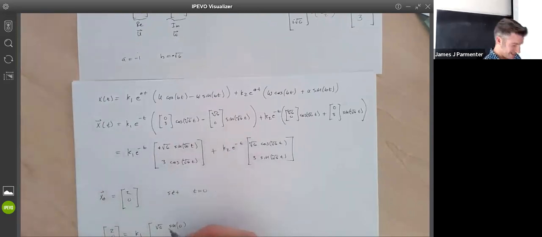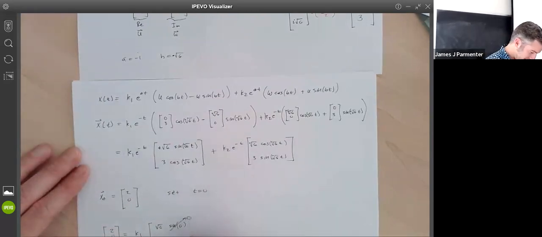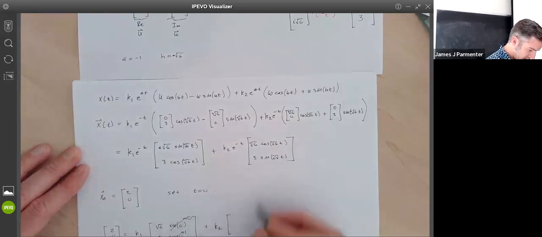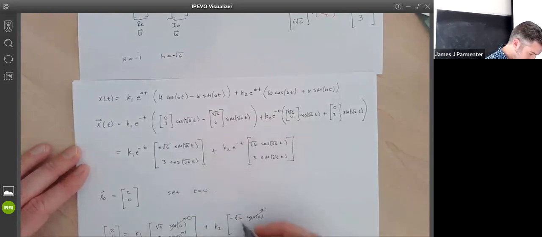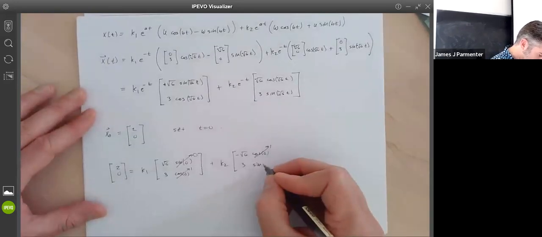That's cosine of 0. Yeah. And then cosine of 0 is going to be 1 plus K2 times e to the 0 times negative root 6 times cosine of 0 is 1. And 3 times sine of, oh yeah, of course, I'm sorry.